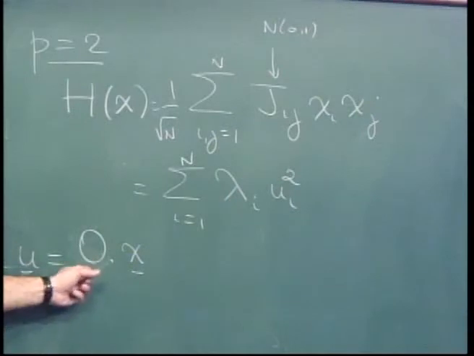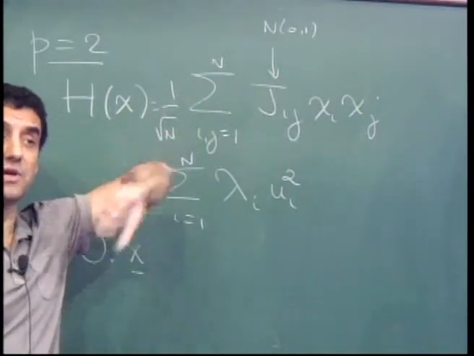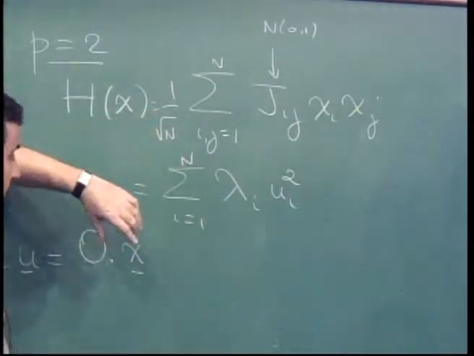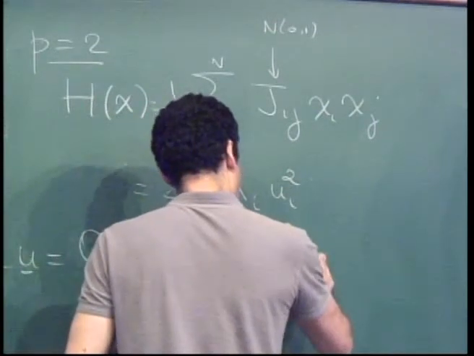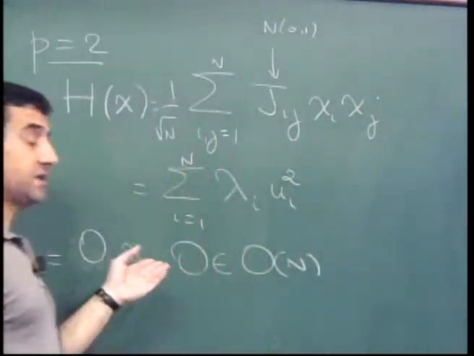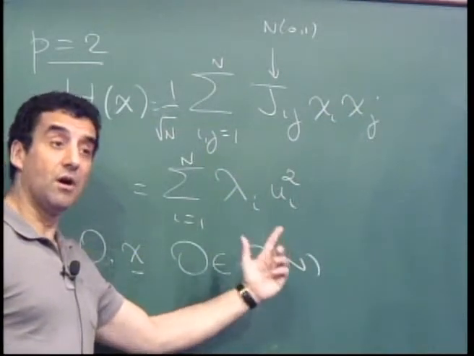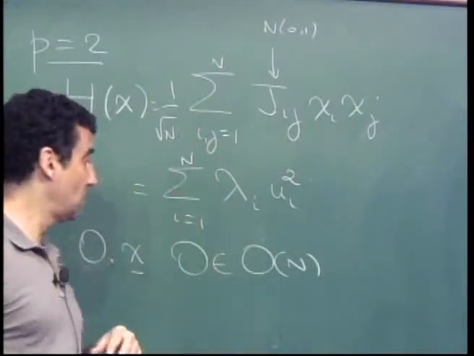O is an orthogonal matrix, because this is a real symmetric matrix, which you can diagonalize in an orthonormal basis. In fact, O is chosen uniformly at random, under the Haar measure on this orthogonal group. This is purely uniform.